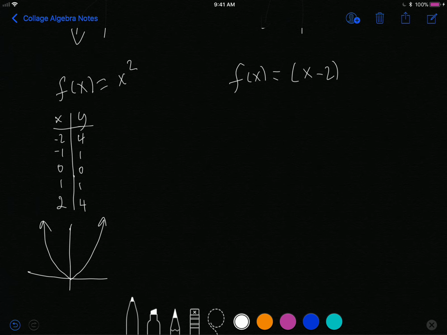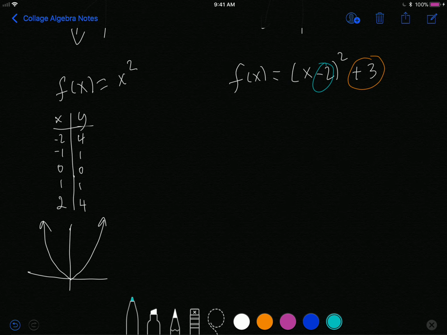Now if I want to graph the more complicated function f of x equals x minus 2 squared plus 3, the first thing you do is identify the linear transformations that we see. Comparing this function to the previous one, we note that we have two extra numbers, a plus 3 on the outside and a minus 2 on the inside. Whenever we're adding or subtracting, we're doing a shift.